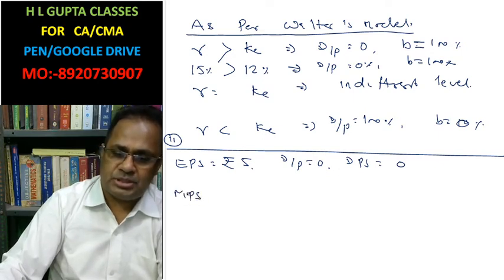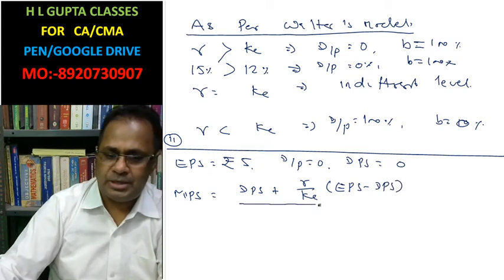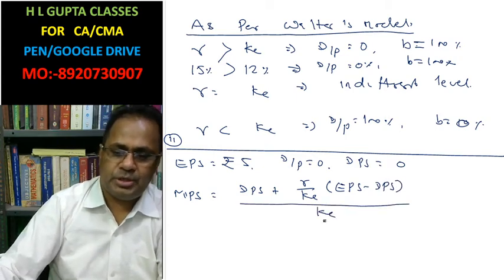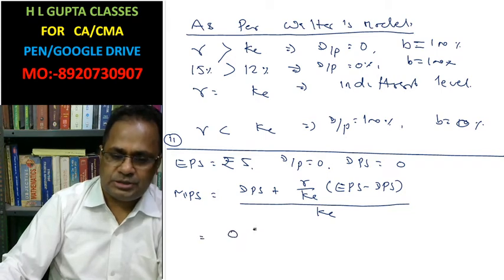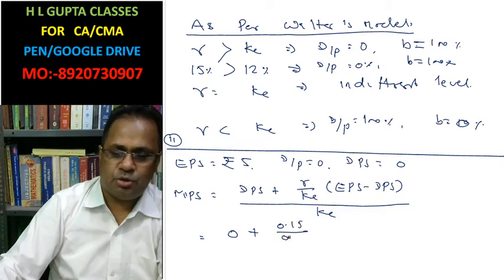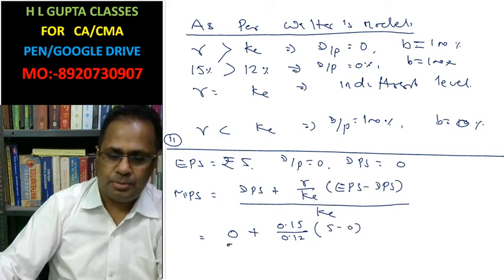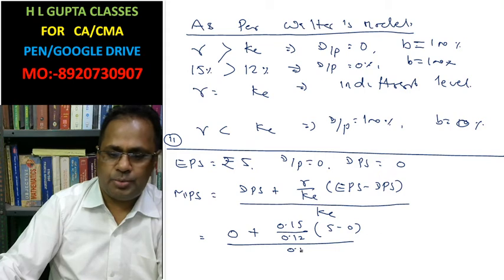Market price per share equals dividend per share plus R divided by KE into EPS minus DPS, whole divided by KE. Dividend is 0, R is 0.15, KE is 0.12. This is 5 minus 0, whole divided by 0.12.